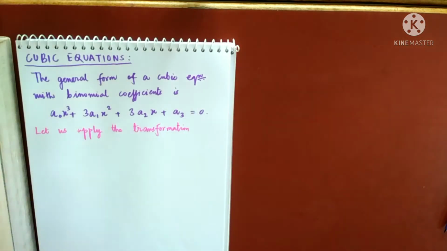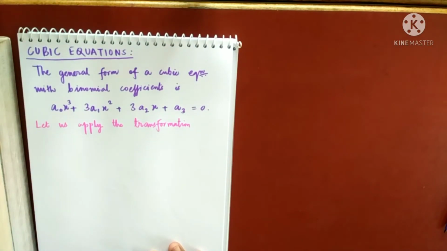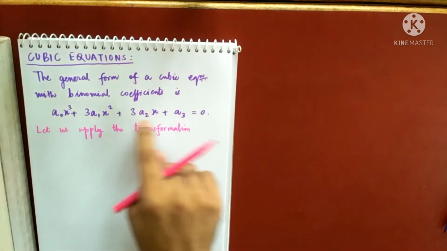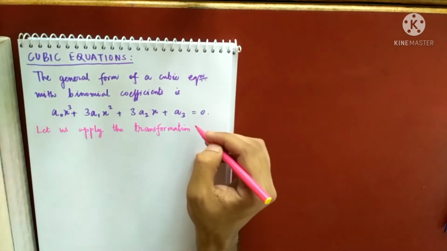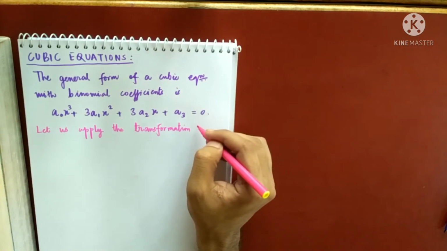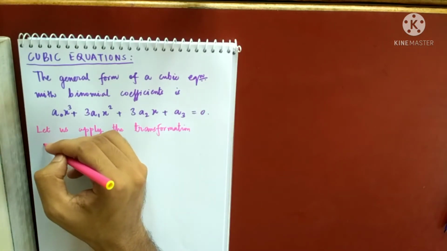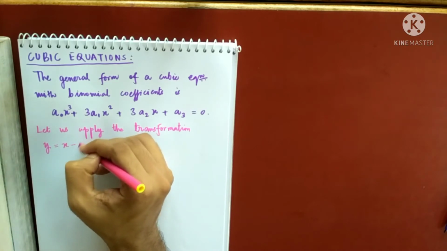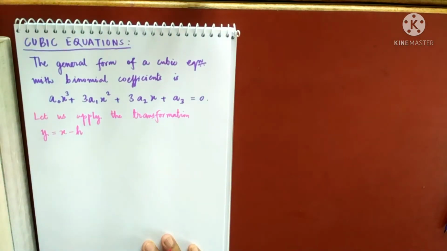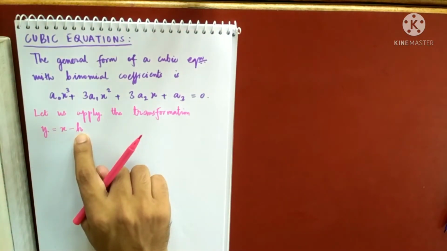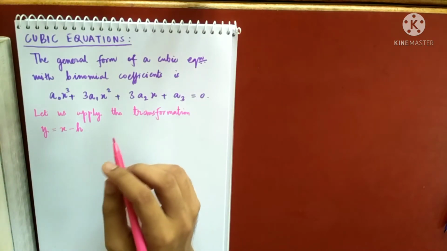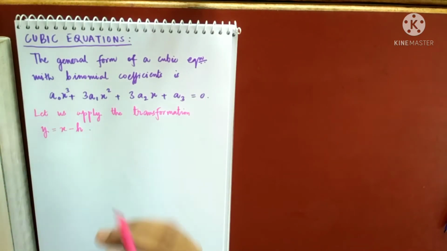I want to apply a transformation that will reduce the roots of this equation by h. So let us apply the transformation y equals x minus h. That means I am reducing the roots by some quantity h.